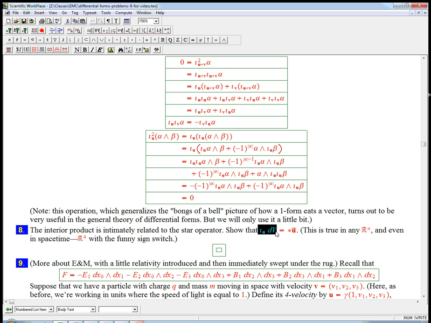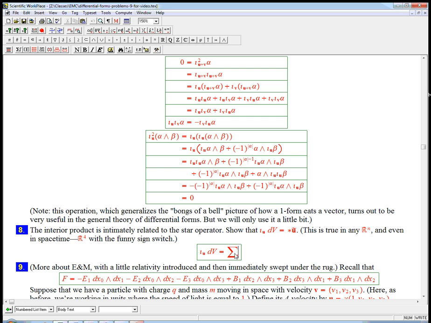i_u dv, okay, that's going to be the sum of i_{u_i e_i}, and that's a vector, of dv. Okay, well, let's write that out. That's dx, and I don't know, what do I want?